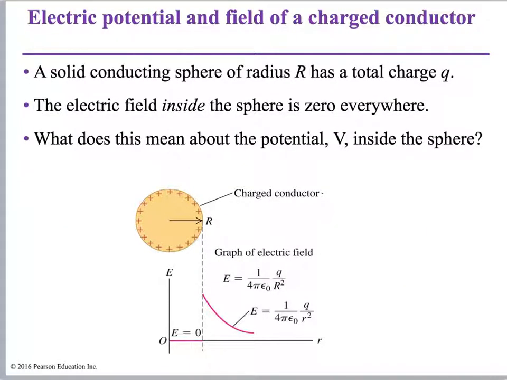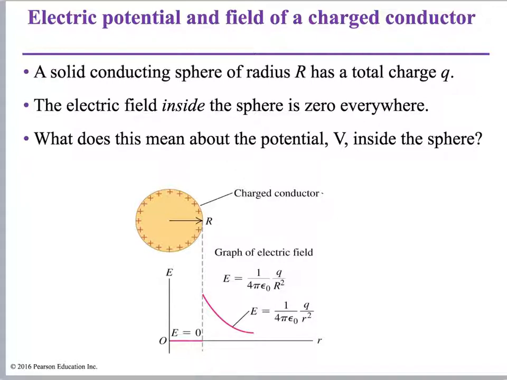Okay, so one of the things that we want to think about is, now that we understand something about potential, can we go back and look at things like our charged conductor and make any conclusions about what the potential in my conductor looks like?